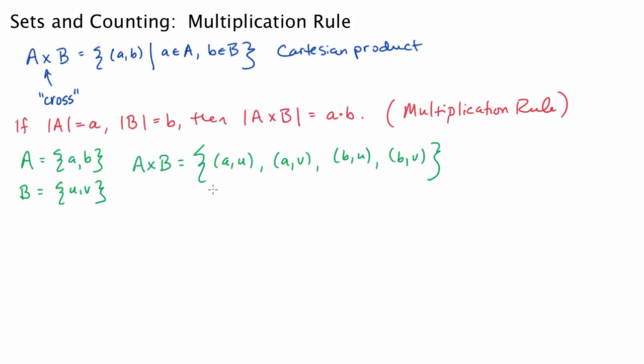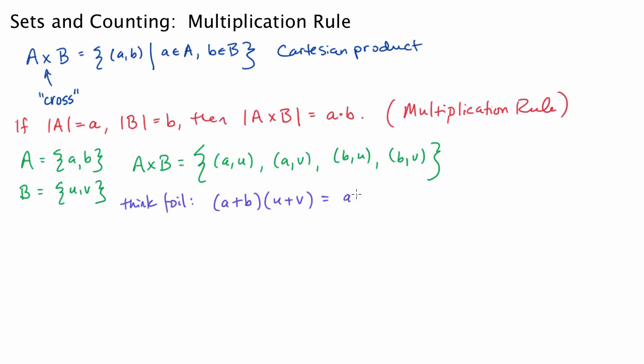That's not why I wanted to do this example with you. I wanted to do this example with you to remind you that this multiplication rule is very much like another thing that you've gotten used to over the years, and that's FOIL. If you think about how you used to FOIL, you used to take what were called binomials, something like A plus B, and multiply it by something like U plus V. So what the FOIL was doing was matching up all the different pieces, which is exactly what the Cartesian product does.